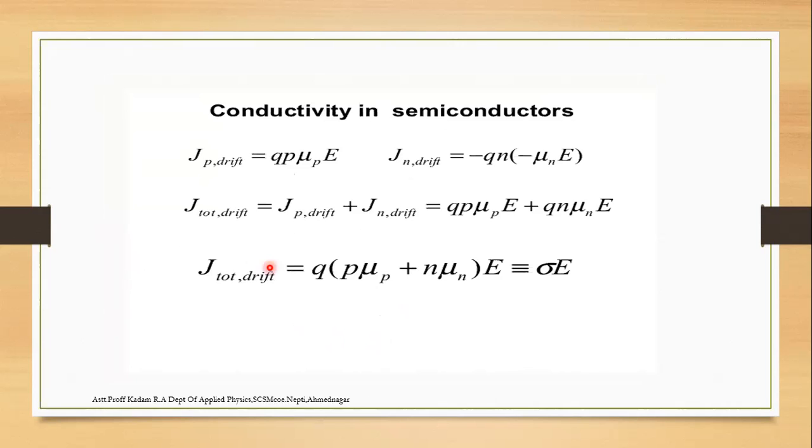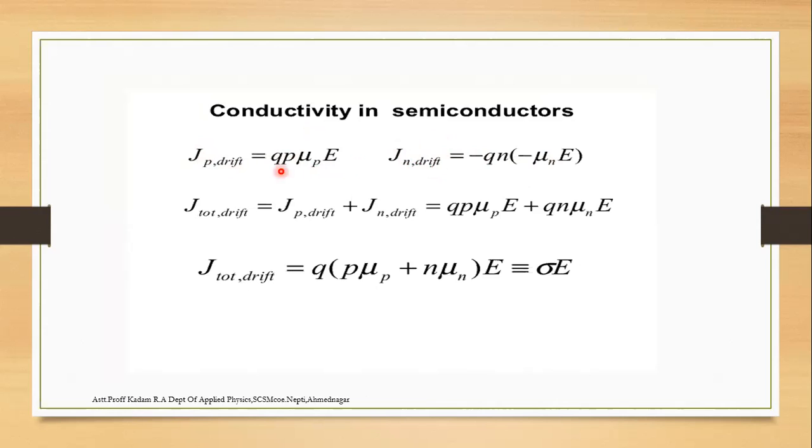In a semiconductor, Jp drift is the current density in the P type, which is Q P mu P into E. For the N type, J N drift is equal to minus Q N mu N E, the negative sign being used for the N type.